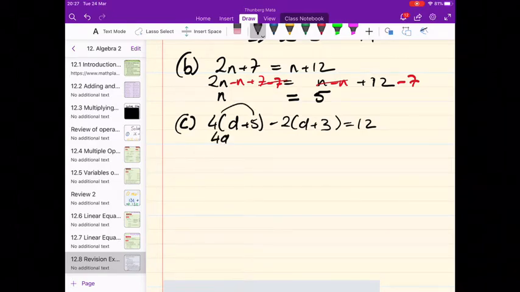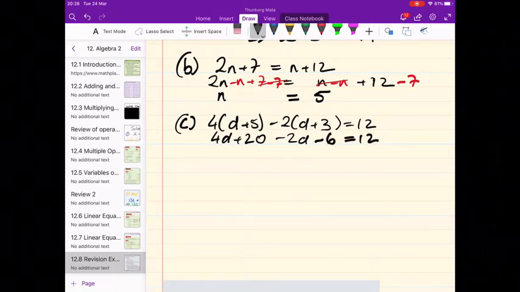So we'll have 4 times d will be 4d, then 4 times plus 5 will be 20. So that will leave me with plus 20. Then I have minus 2 times d, well, that's minus 2d. Then I have minus 2 by 3, that'll be negative 6 is equal to 12.